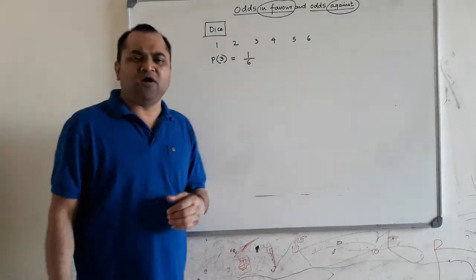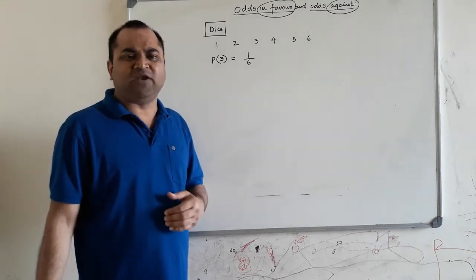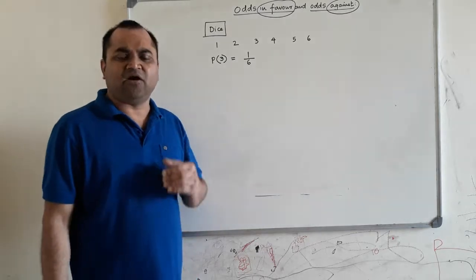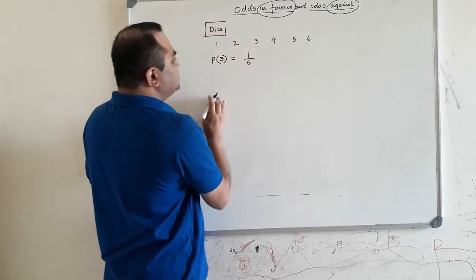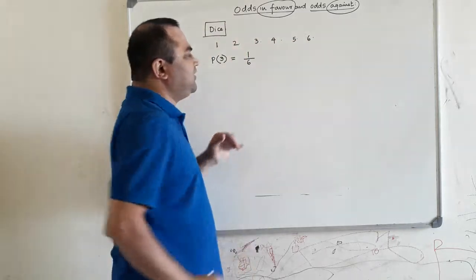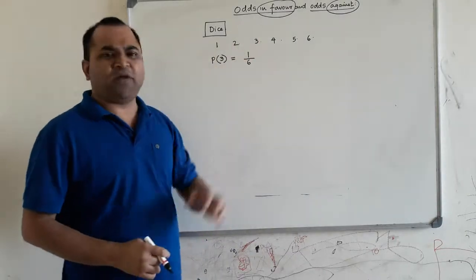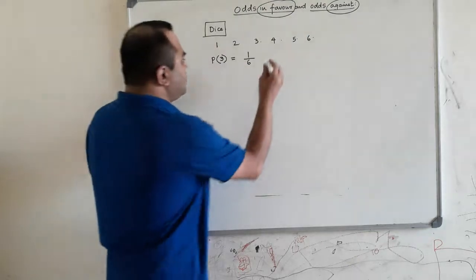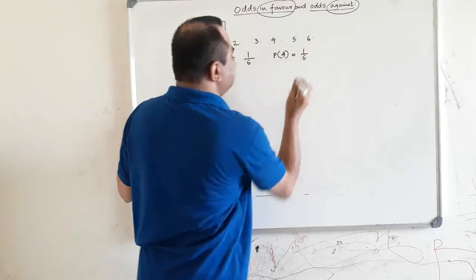If you have not watched the video on probability of an event, then do watch one of our videos on that concept so that you will appreciate odds in favor better. So whenever a dice is tossed, any one of these numbers from 1 to 6 is likely to appear. So probability of any one particular number is 1 by 6 on a dice. Probability of 4, for example, is also 1 by 6.